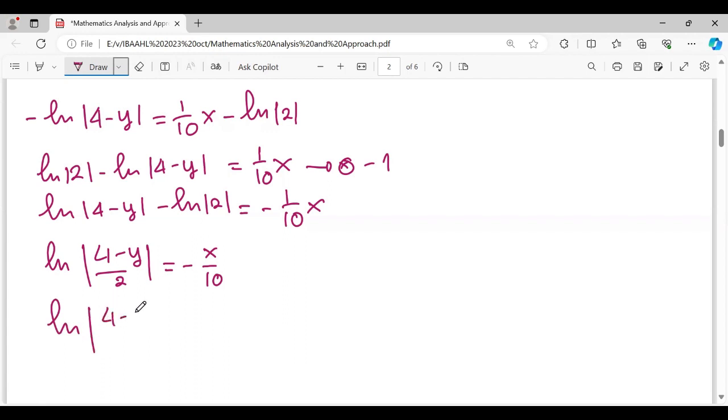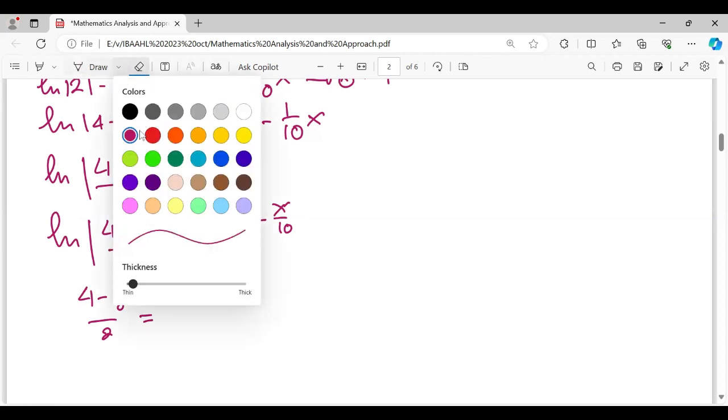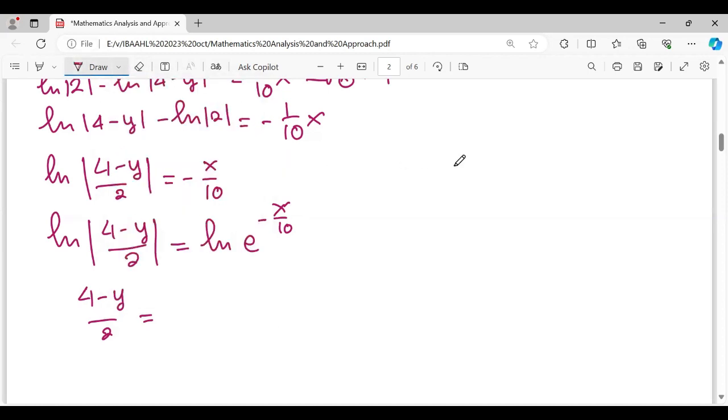ln of (4 minus y) over 2 equals ln of e to the power of minus x over 10, or (4 minus y) over 2 equals e to the power of minus x over 10.